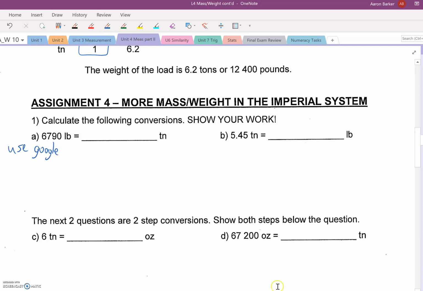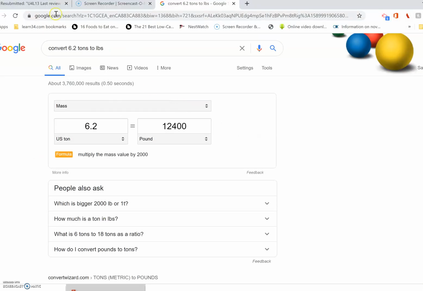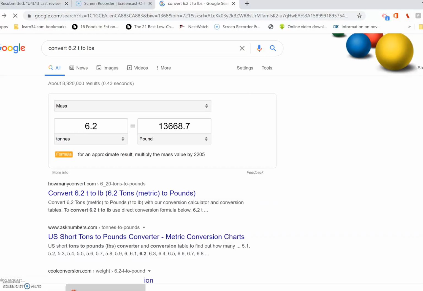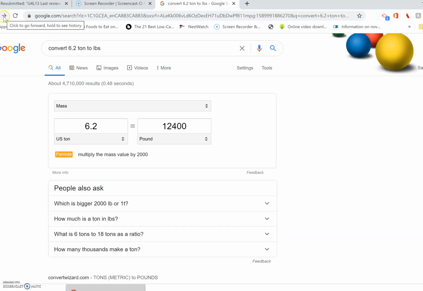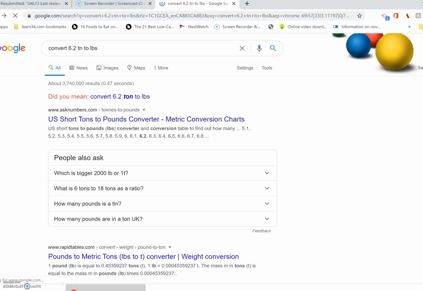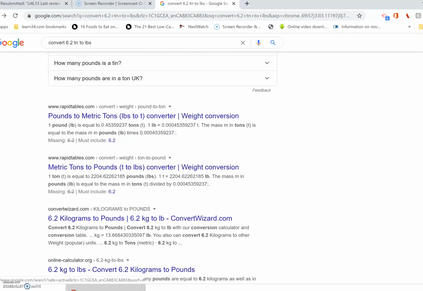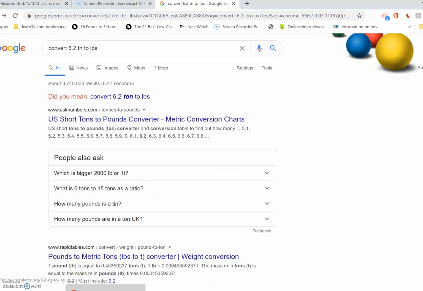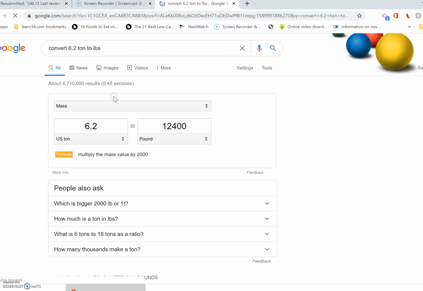So real quickly, I'll just show you, I'll go backwards again. Did you mean that? Yes, I did. But you can see there are different converter websites, right? There's this one, this one, this one, this one. Those are all different. You choose whichever one you want. Just go real simple.